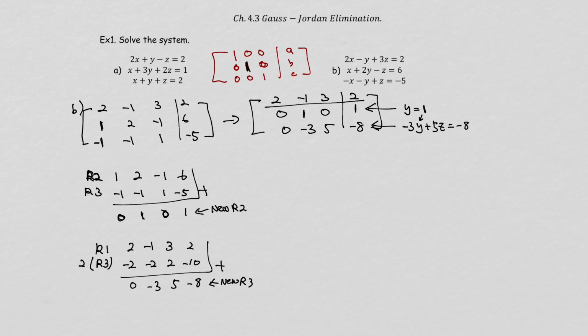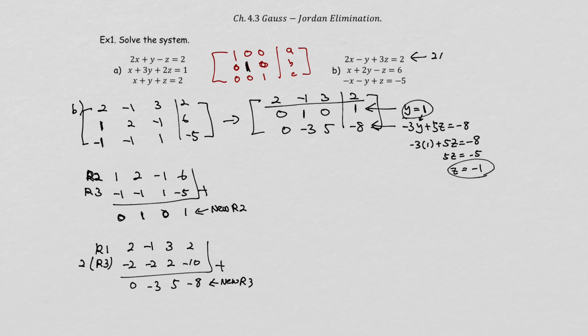I will just do the substitution here. So if I do substitution, negative 3 times 1 plus 5z equals negative 8. So that gives you 5z equals, adding 3 to both sides, negative 5. Divide both sides by 5, z will be negative 1. Once I have y and z, I use one of the equations to find x.